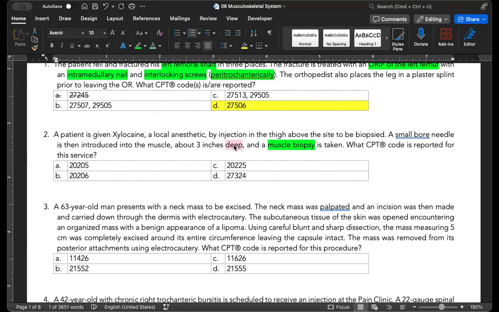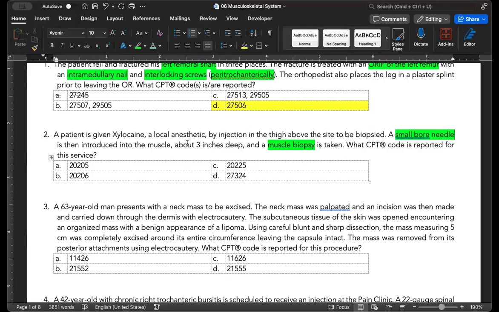So your 20200 and your 20205, those are incisional biopsies. So those are going to be when we actually take a scalpel and we cut into the tissue and we go down to the muscle and take that biopsy out with an incision. 20206 is a needle biopsy, right? You see where it says percutaneous needle, and because we used a small bore needle, then that's going to be considered a percutaneous needle biopsy.